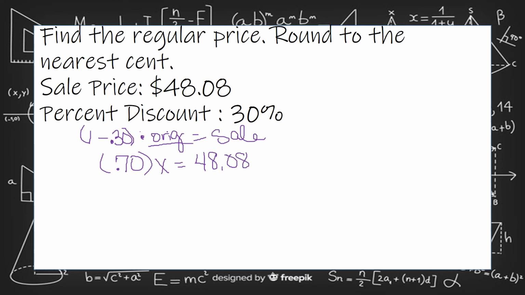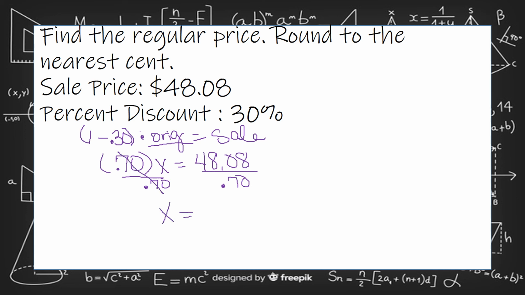So I can solve this just by saying, okay, 100% minus 30% gives me 70%. 70% times the original gives me that sale price. So to go backwards, if the 70% is multiplying by X, I need to divide by 70%, or 70 hundredths.